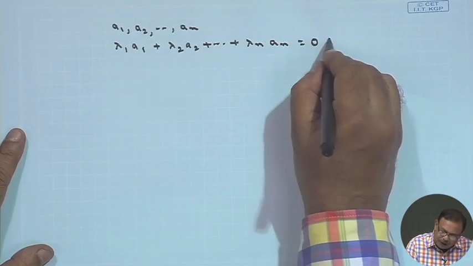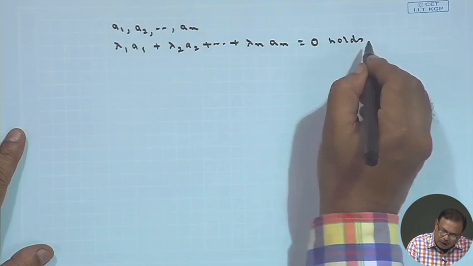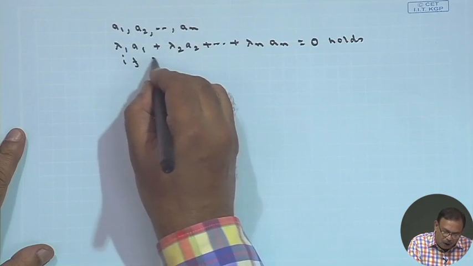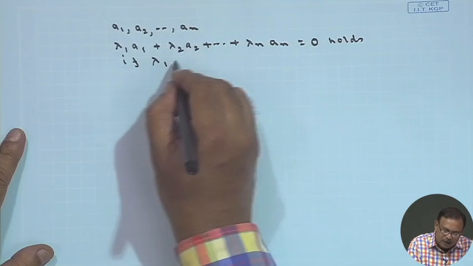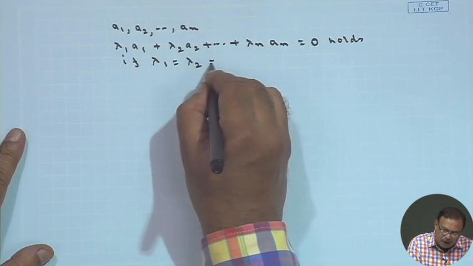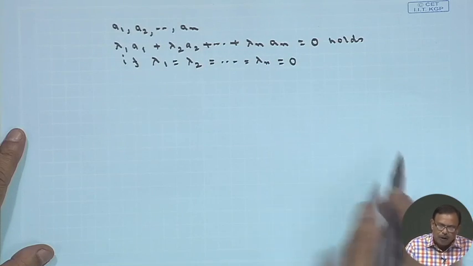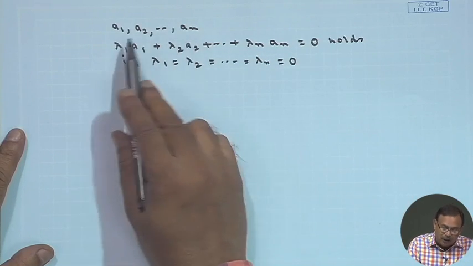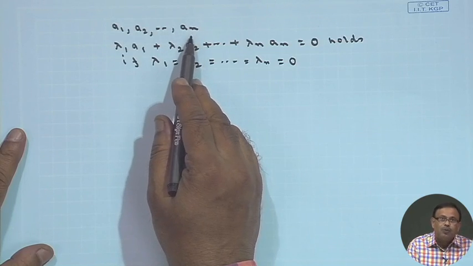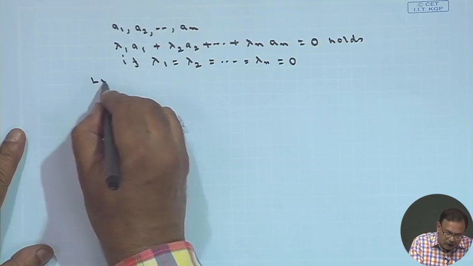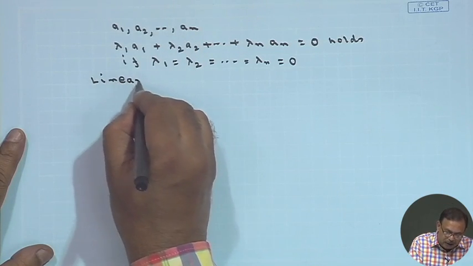This holds only if all the lambdas vanish, that is, lambda 1 equals lambda 2 equals ... equals lambda n equals 0. Then we say that these vectors A1, A2, ..., An are linearly independent.